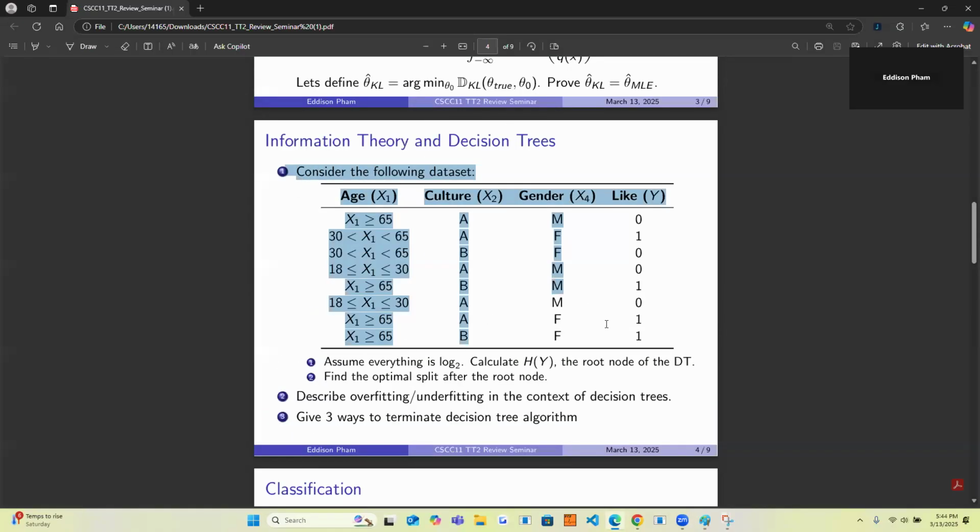For this next question, I'll give you guys 10 minutes. So assume everything is in log base 2. Calculate H of D, the root node of the decision tree, and also find the optimal split after the root node. So you have to find all the possible splits, calculate the information gain, and pick the one with the highest information gain.